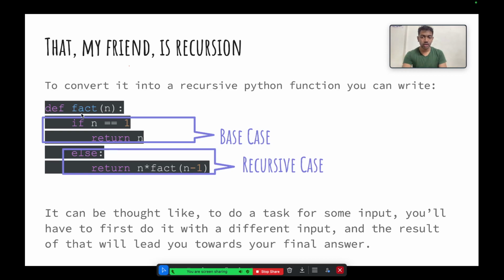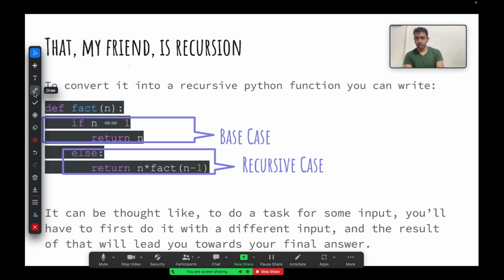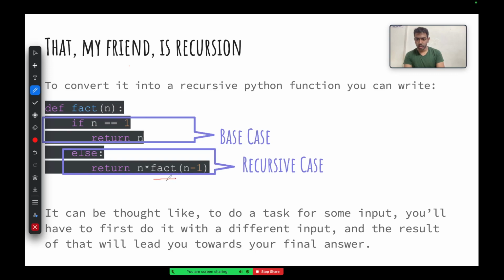See, again this function fact here and this fact are the same, but here we have n minus 1, and here we have n. So this will call this function again until this base case is hit.